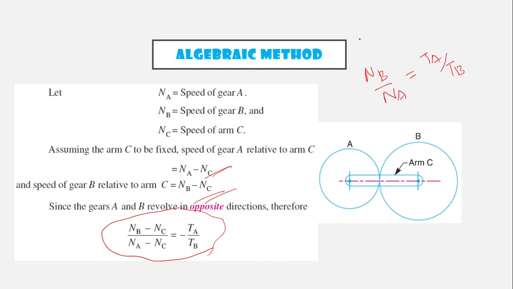That means NB is equal to negative of NA into TA by TB. Here in this equation we consider only the magnitude. When we use this negative sign, we can consider the direction of motion also. Minus TA by TB must be here when we consider the direction.